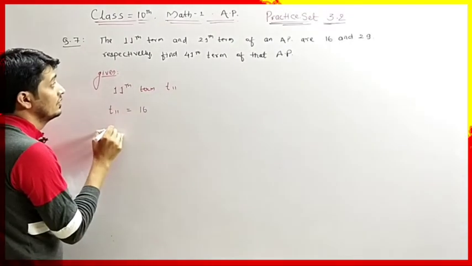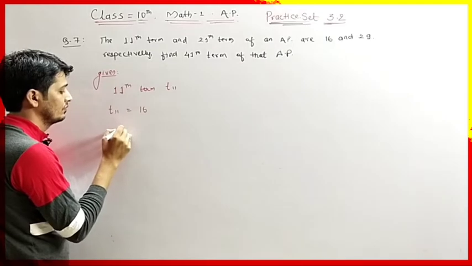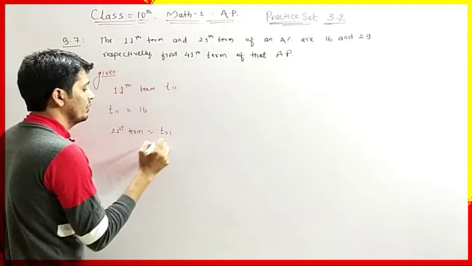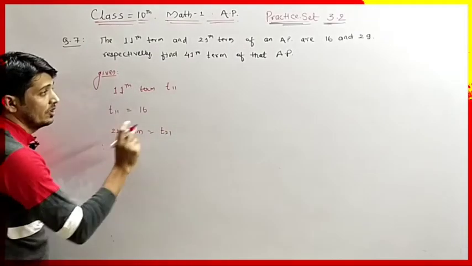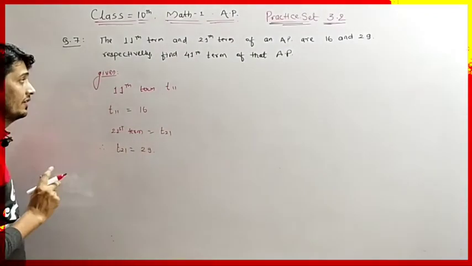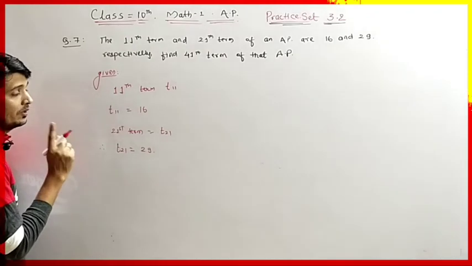Likewise, the 21st term is T21, therefore T21 equals 29, which is also given. Now we have to find the 41st term.